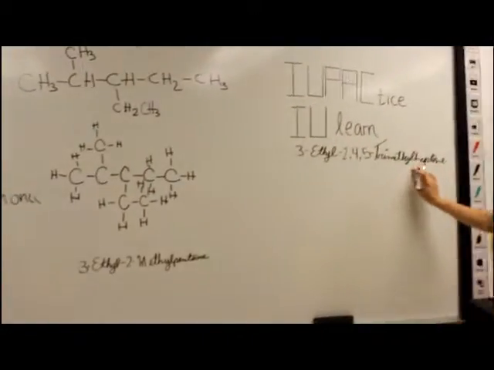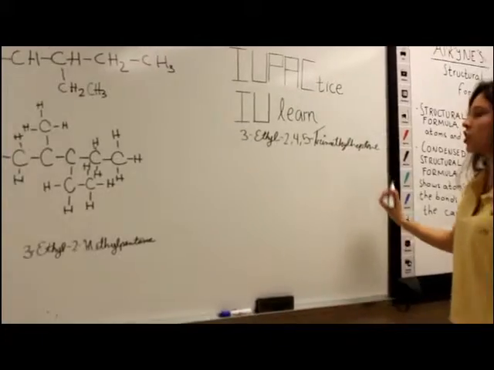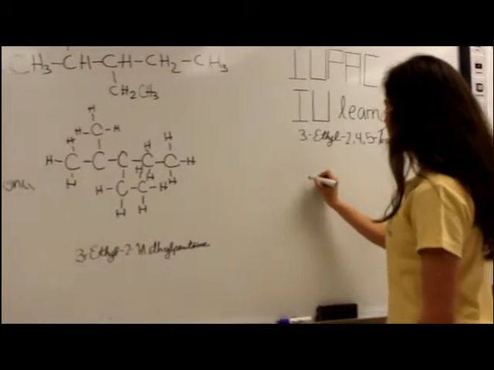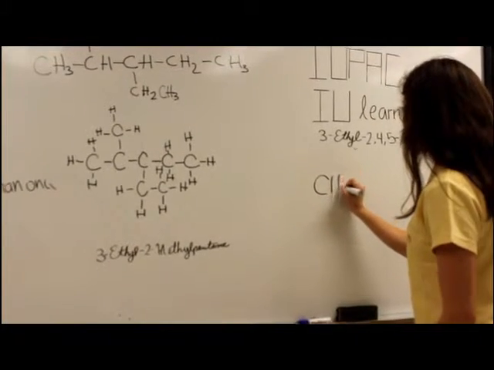First, we have a heptane, which means that the longest chain is going to be of 7 carbons. And we're going to write it like this.